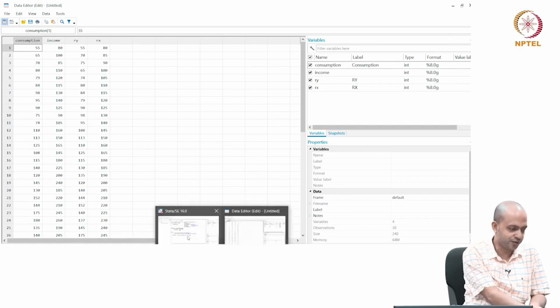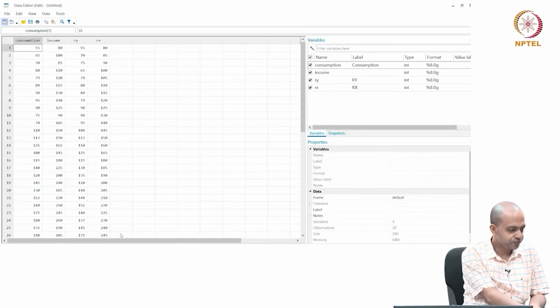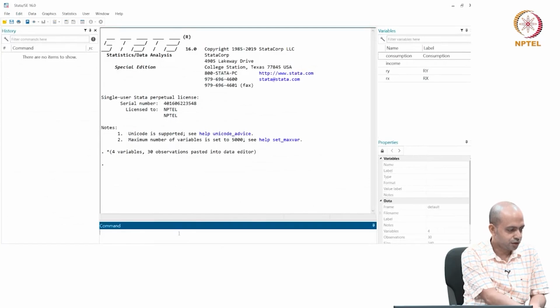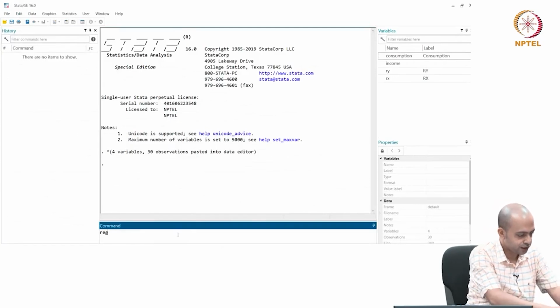So, here you are estimating this model. What is the model? Reg consumption, which is actually a function of income.